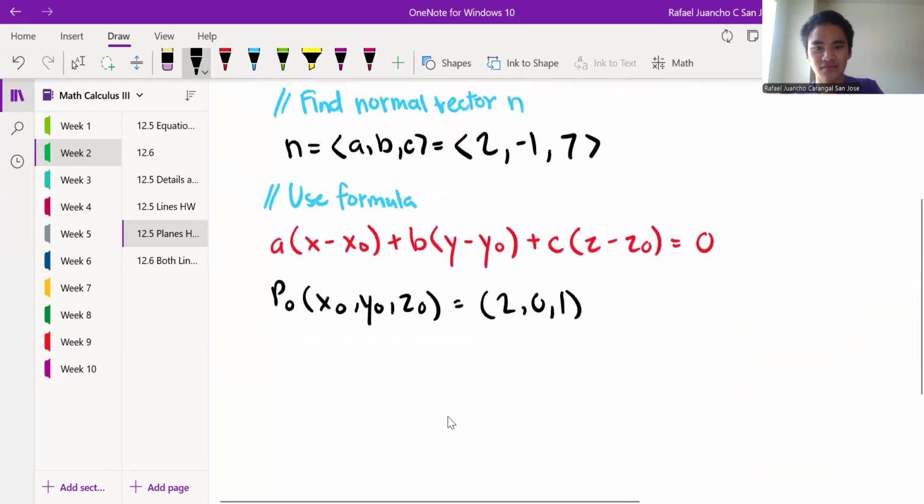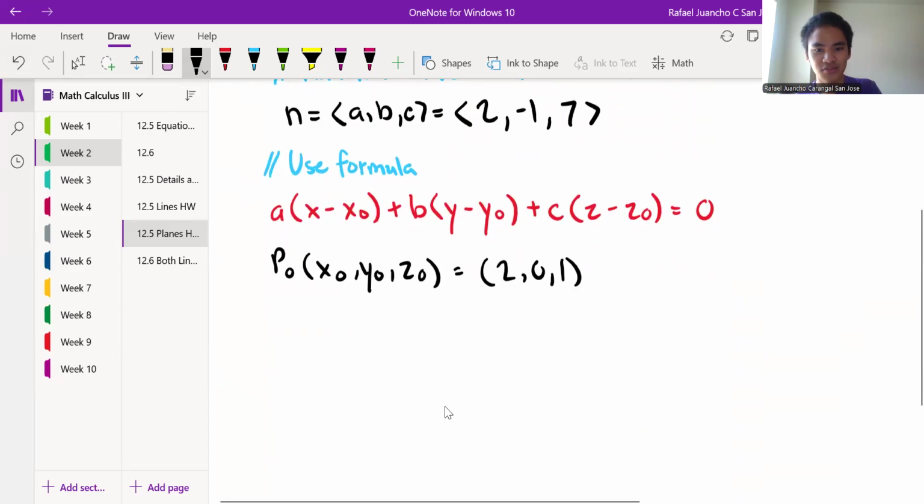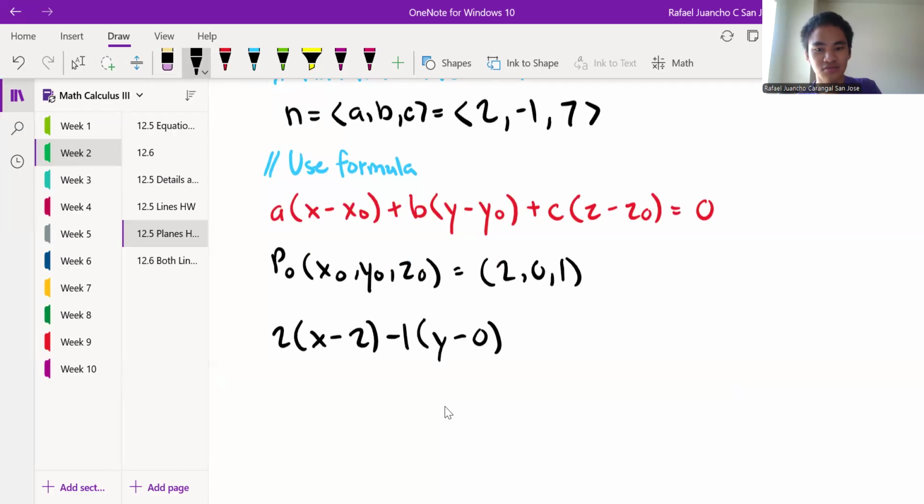So we have a, so 2 times x minus 2, because x naught is 2, plus b, which is -1, so -1 times y minus 0, and then c, so plus 7 times z minus z naught. So z naught is 1. And that gives us an equation of a plane.